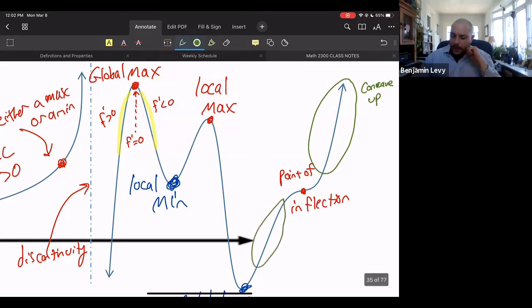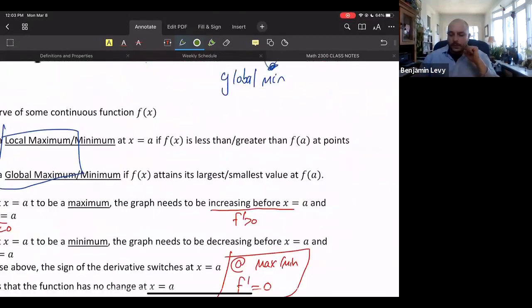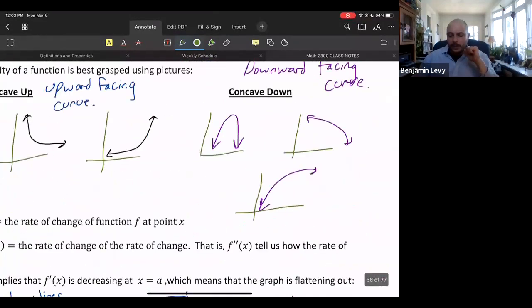And on the piece before it, we have concave down. And at the point of inflection, it's switching those two things, right? It's switching from being downward bowl shaped to upward bowl shaped. And so the point of inflection is going to be where the second derivative is 0. So now we hopefully have a good understanding of everything on this graph.